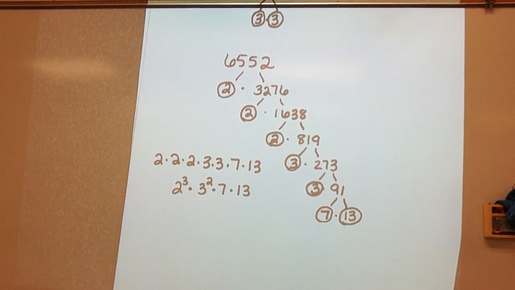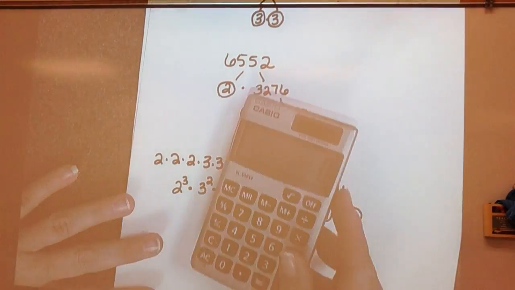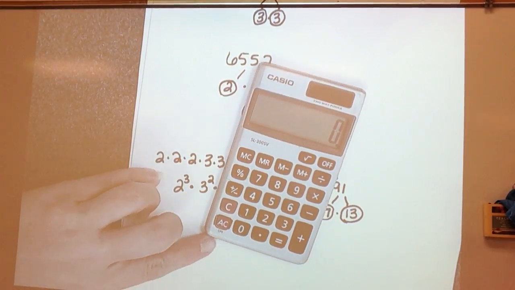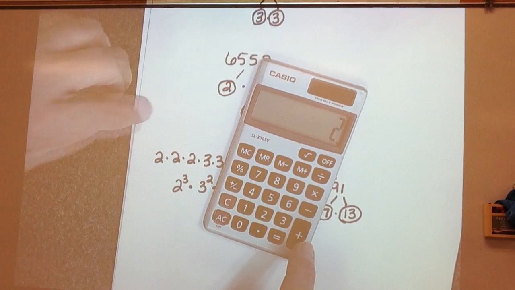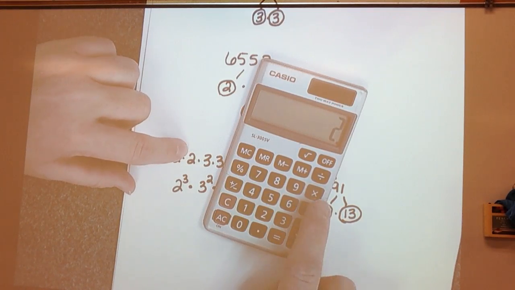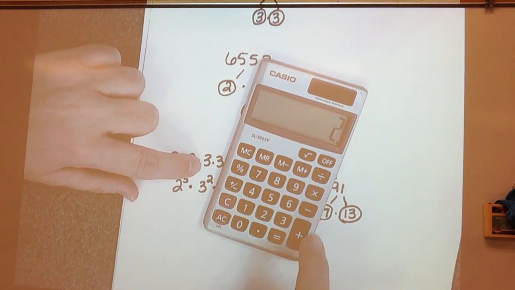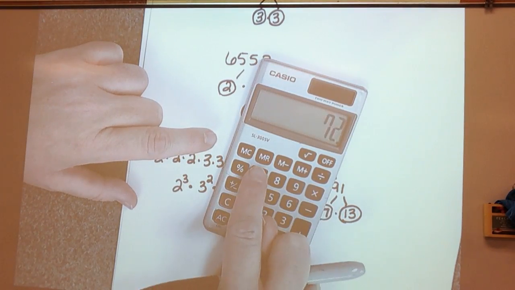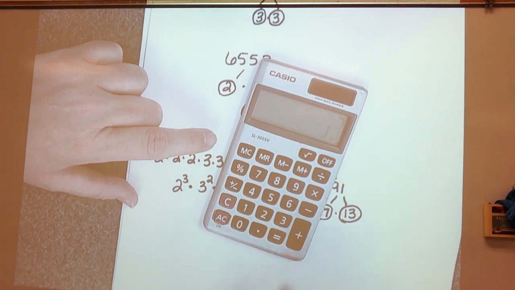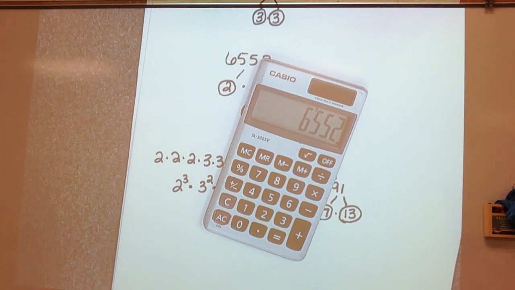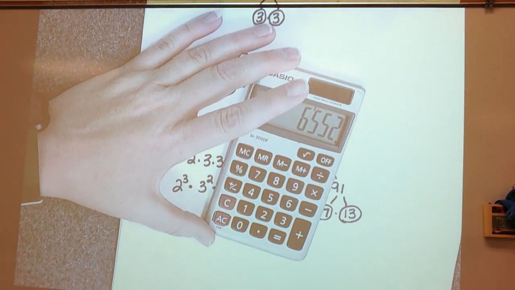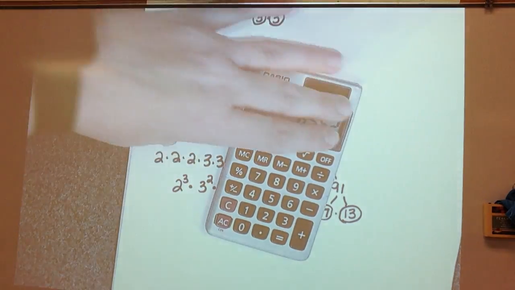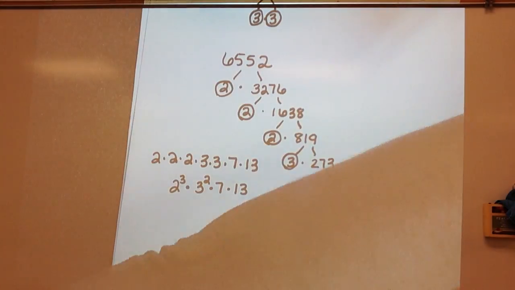How do I do that? Well, I would take 2 times 2 times 2 times 3 times 3 times 7 times 13, and it gives me 6,552. Okay? So I know that my prime factorization is correct.